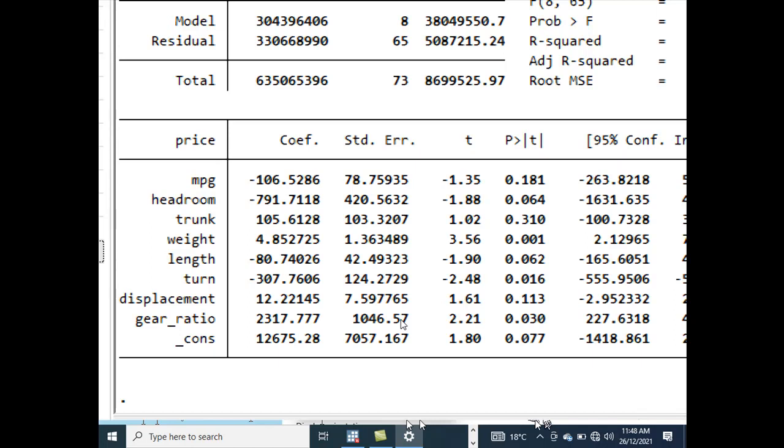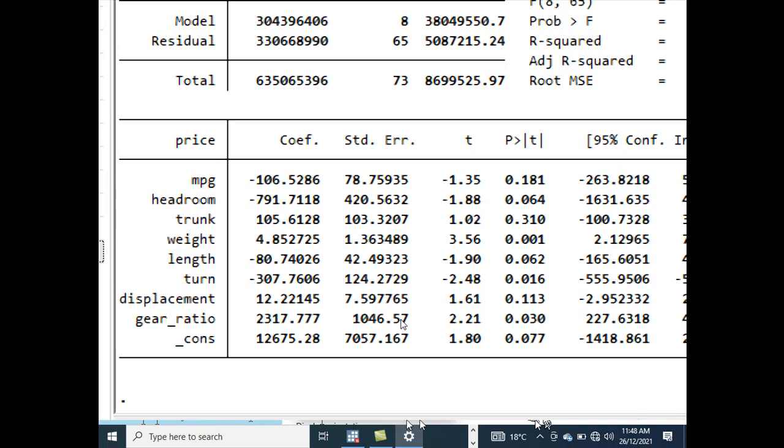So for every 1 additional unit of weight, the price of the car increases by about $4.8. Positive means that corresponding to 1 unit increase, the price increases by that much. Negative means that corresponding to 1 unit increase, the price decreases by that much. So all these numbers represent the increase or decrease in price corresponding to a unit increase in these variables.